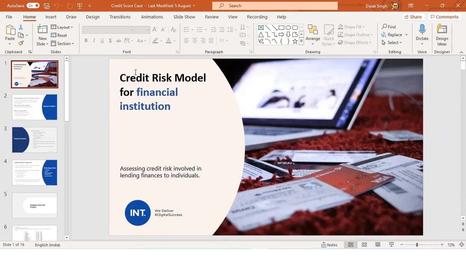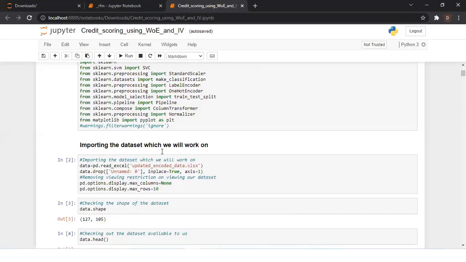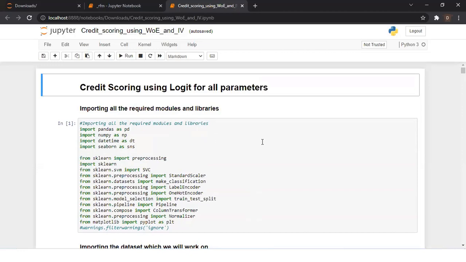We'll talk about how we did this. This entire business problem is about deriving the credit risk score. This was one of the methods we used. It includes the logic as well as weight of evidence and information value.